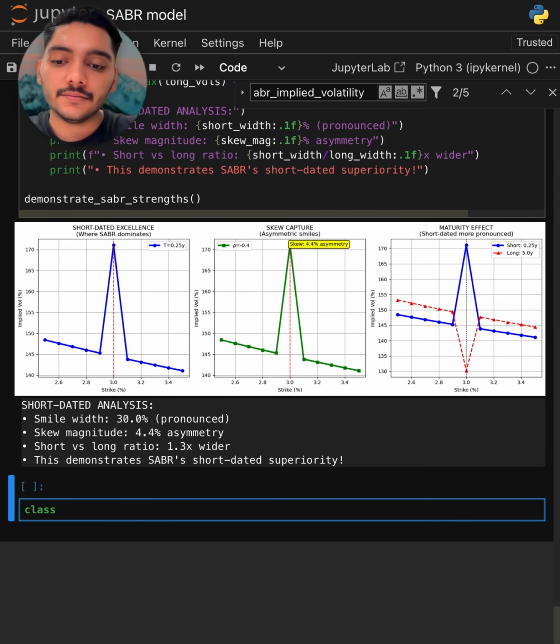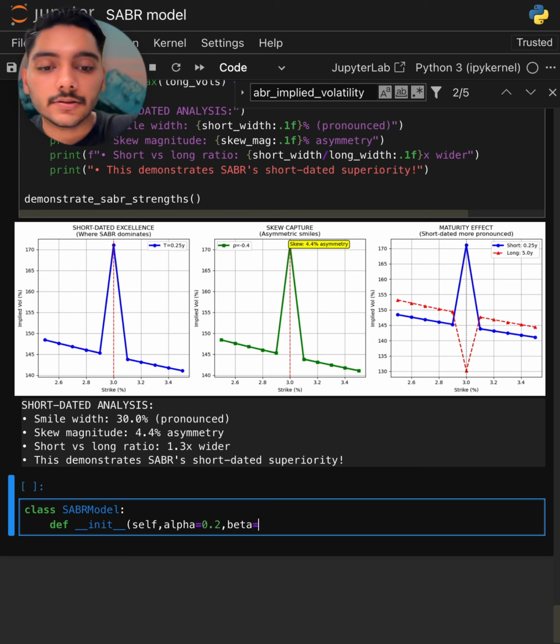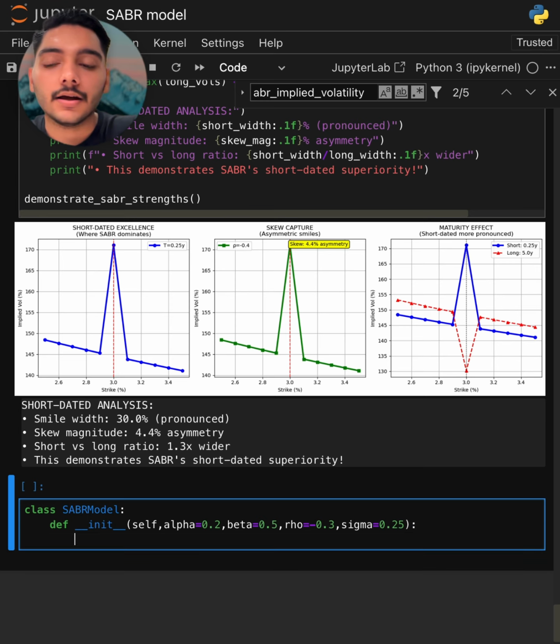So let me write the class for the SABR model, and let me define the initial function, def __init__, with self, alpha equal to 0.2, beta equal to 0.5, rho equal to minus 0.3, and sigma naught equal to 0.25, and let me define the parameters.